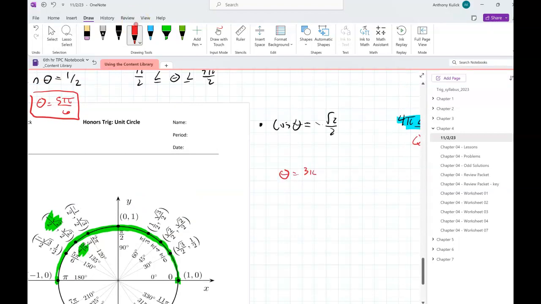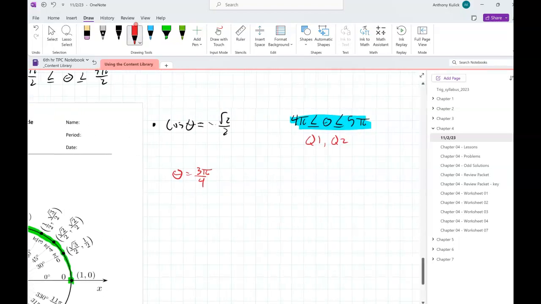Now, is that between 4 pi and 5 pi? No, it's not, right? Is it too big or too small? Too small. So what are we going to do? Add 2 pi to it. So if I do that, I get 11 pi over 4.